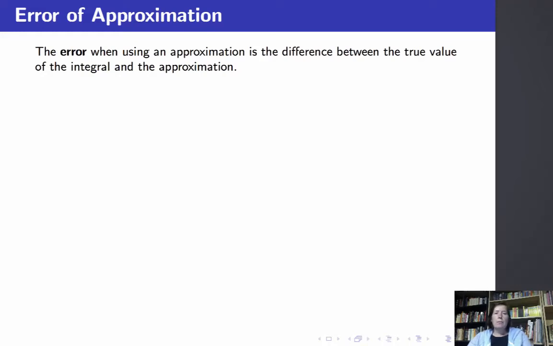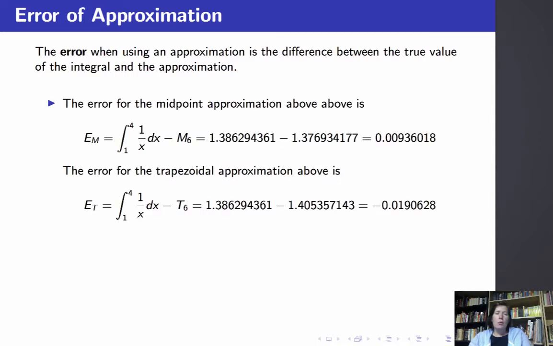Now, whenever we make an approximation, it's highly likely that we're making an error, and the error of approximation is going to be the difference between the true value of the integral and our approximation here. And of course, we don't know what that error is if we're approximating, because if we know what our approximation is and we know what the error is, then we would know the true value of the integral.